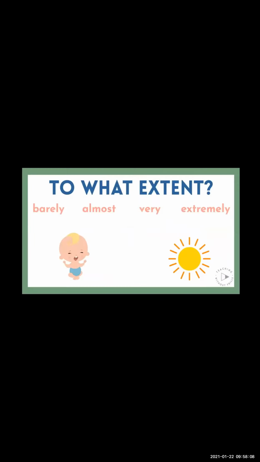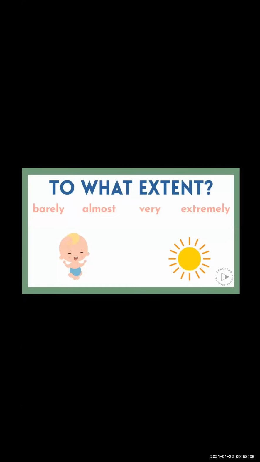Let's move forward. To what extent? Now you will say, teacher, we have asked the questions how, when, where, but if you want to measure how much, up to what extent. The sun is hot, but if it is very hot, extremely hot, then you are talking about up to what extent.